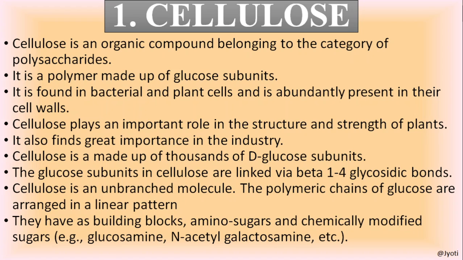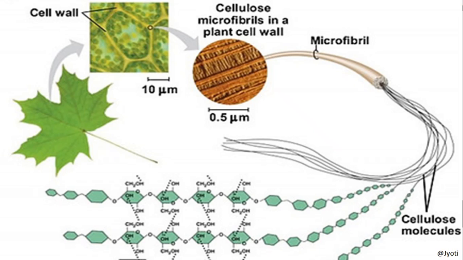I have already told you the cellulose is unbranched and the glucose units are arranged in a linear pattern. Okay, and they may also have building blocks like amino sugars and chemically modified sugars like glucosamine and acetyl galactosamine, etc. So here you can see the structure of glucose.